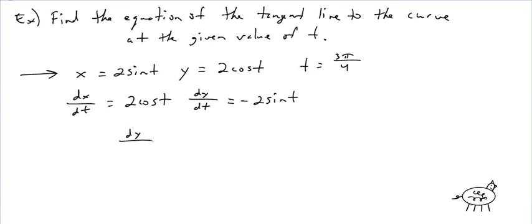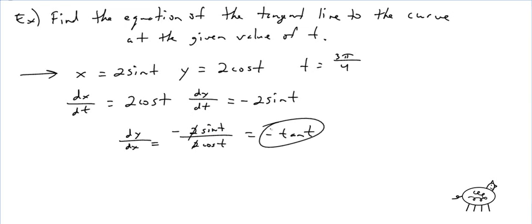So dy dx is negative 2 sine of t over 2 cosine of t. The 2's cancel, and we get negative tangent of t. This is the equation for the slope of the tangent.